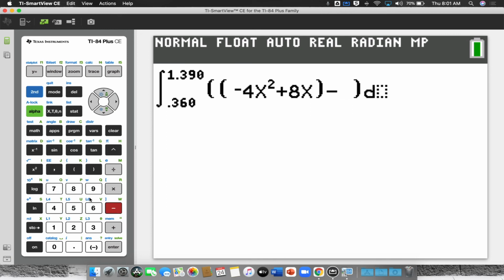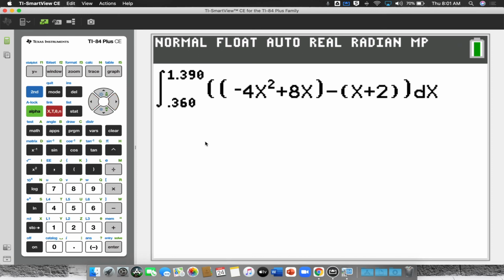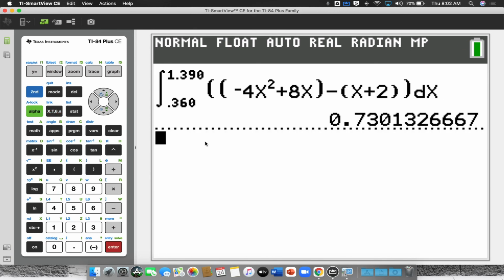Parentheses, minus, and then x plus 2. Make sure all parentheses are closed. Enter. There's our area. 0.730. The problem said round to the nearest thousandth. So 7.30.